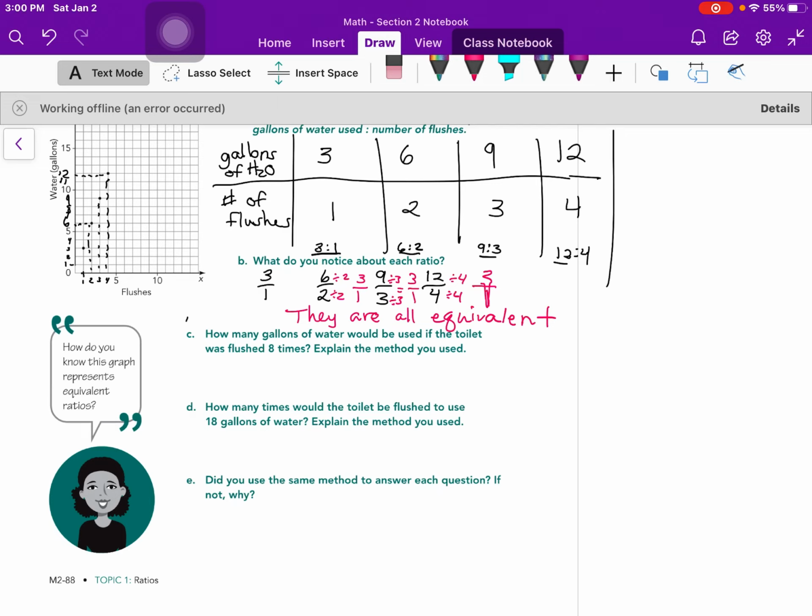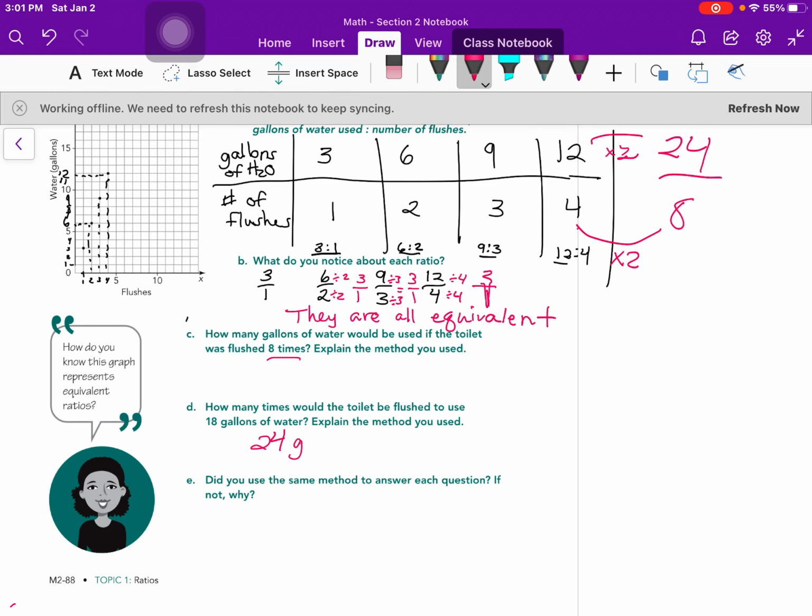Okay, whatever method you chose to use, I'm going to stick with, I think, the table right now. When I'm looking at how many gallons if flushed 8 times, well, if 4 times yields 12, I'm just going to multiply 4 times 2 to get 8, and 12 times 2 to get 24 gallons.